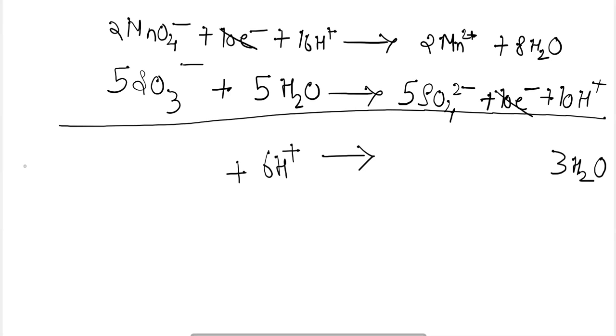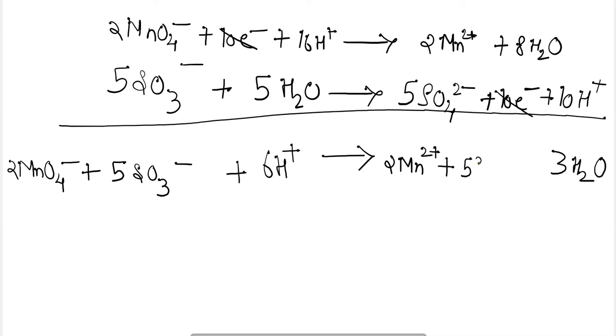Now the leftover terms are written as 2MnO4 minus plus 5SO3 2 minus plus 6H plus gives 2Mn2 plus plus 5SO4 2 minus plus 3H2O. So this will be our balanced chemical equation.